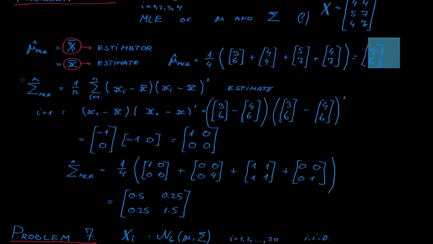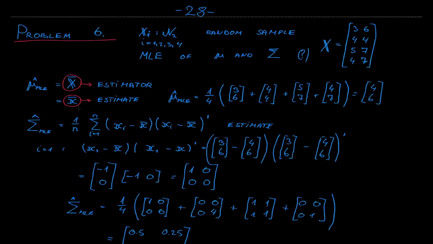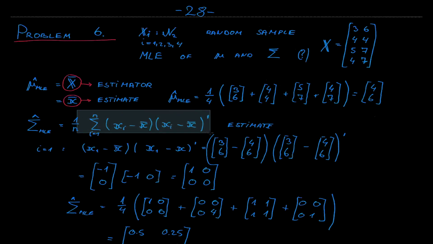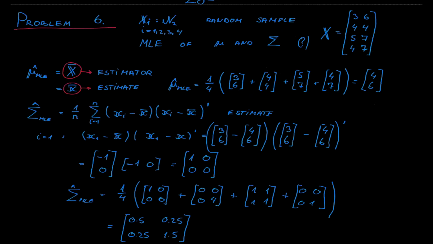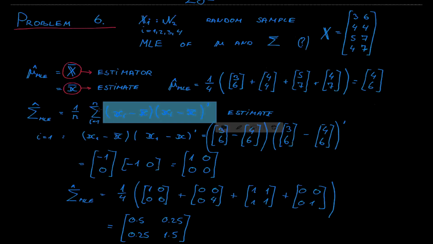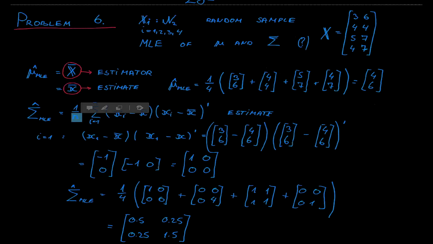Similarly, our maximum likelihood estimate of the covariance matrix is given like this. We need to compute all of those matrices, sum them, and in the end divide by 4.